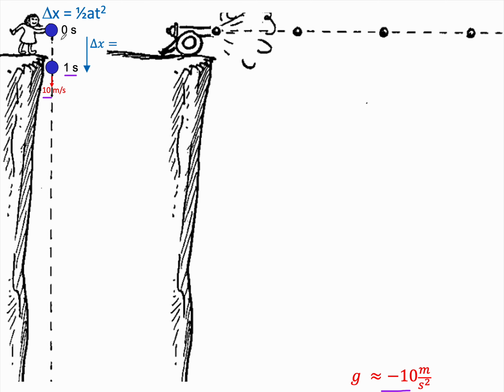Here it started out with 0, and it only reached 10 meters per second at the end of that 1 second. So its average velocity, 10 plus 0 divided by 2, would be 5 meters per second. And if you travel on average 5 meters per second for 1 second, how far do you fall? The answer is you should fall 5 meters.